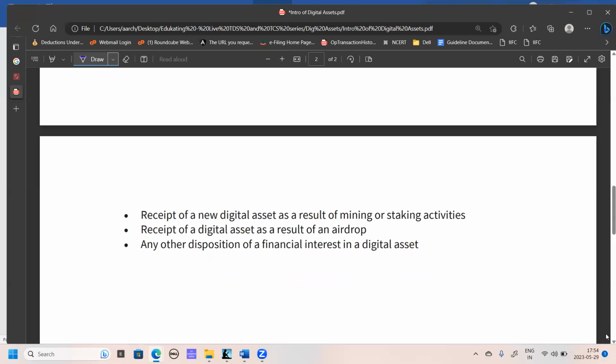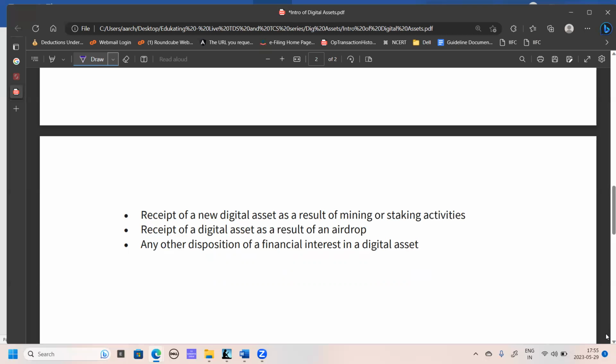That is a huge platform for creating Bitcoin reserves. So many companies are into this. If you're receiving any digital asset after mining, that will be taxable. Receipt of a digital asset as a result of an airdrop or any other disposition of financial interest in a digital asset will result in tax consequences.